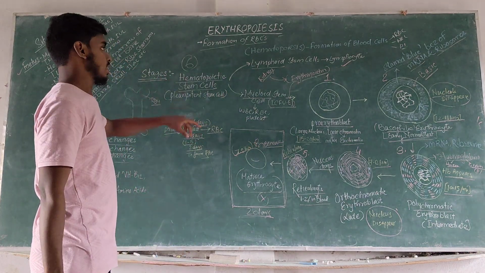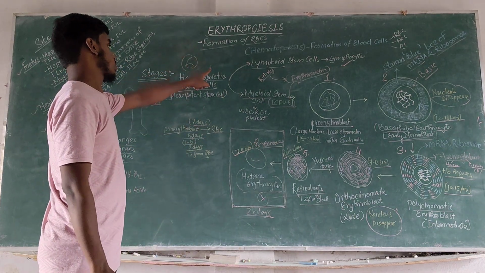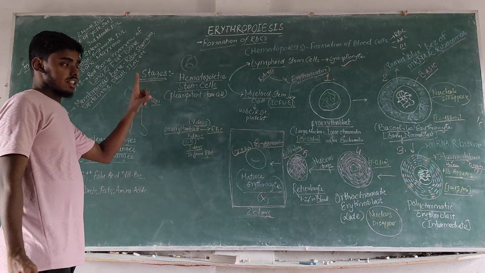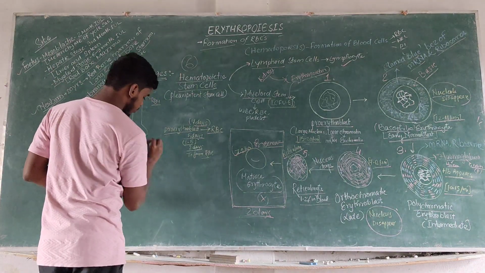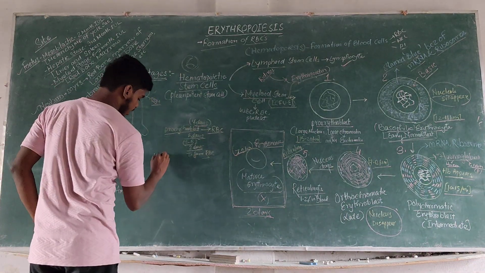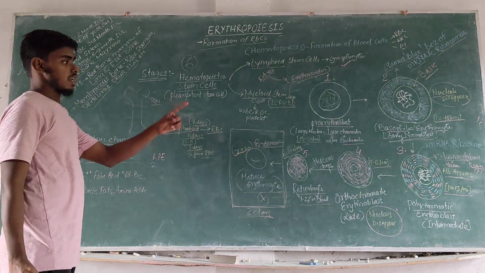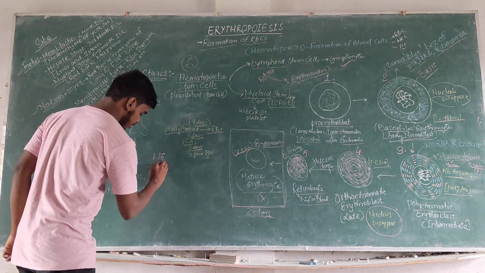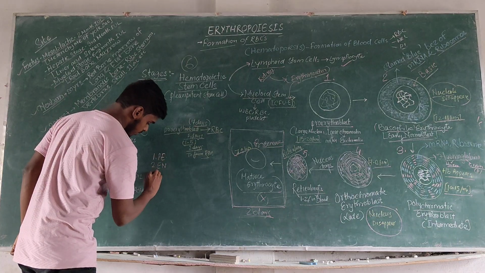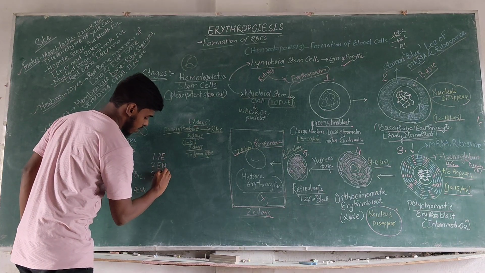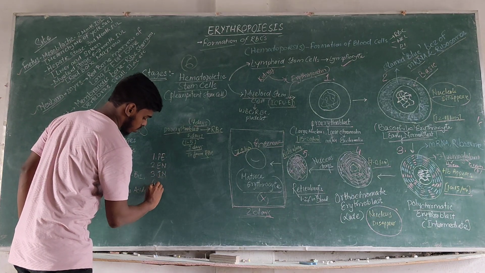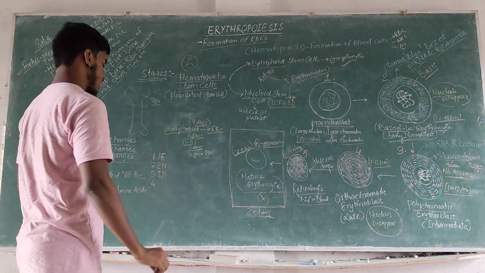So if we concise this, then we can say that first of all, there are 6 stages. First stage, pro-erythroblast. Second stage, early normoblast. Third stage, intermediate normoblast. Fourth stage, late normoblast.